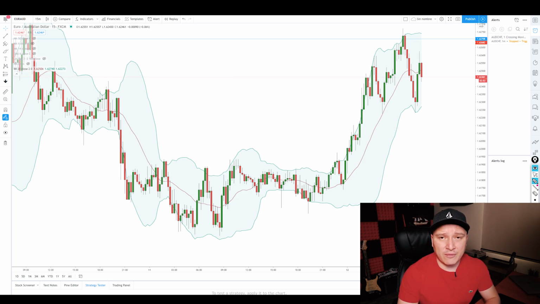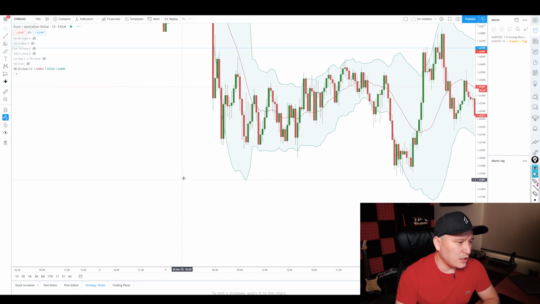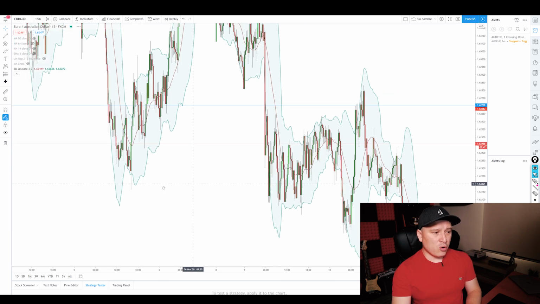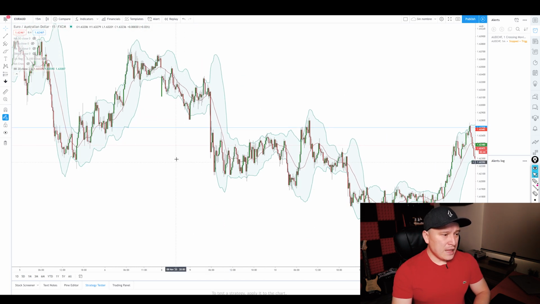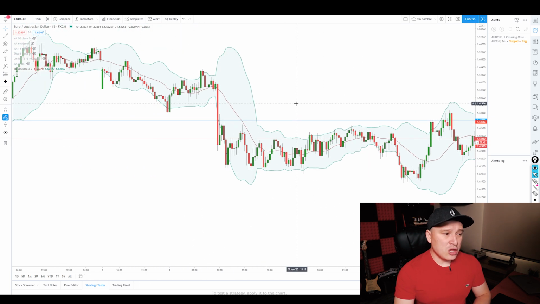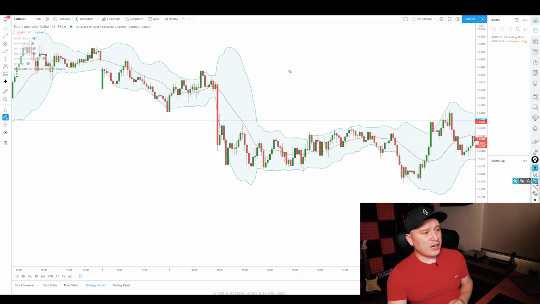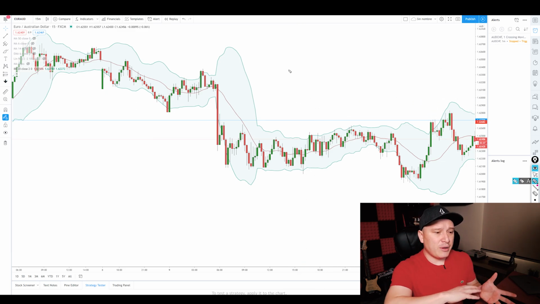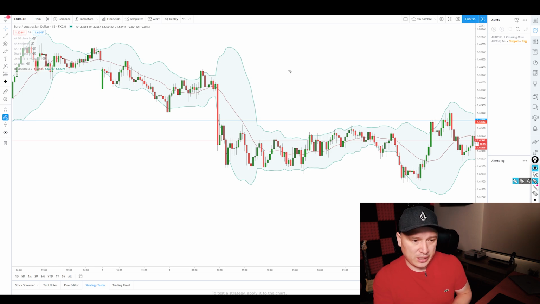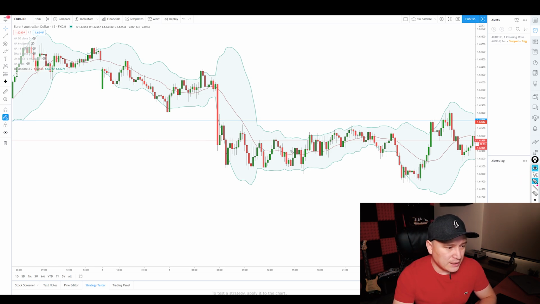Now, this strategy has 70 to 85% accuracy, but we're going to see some examples. Right now, I'm going to tell you how you can use it, and then we can determine what not to do. So the first thing that you're going to look at is a more stable market. What is a stable market? It is this right here.